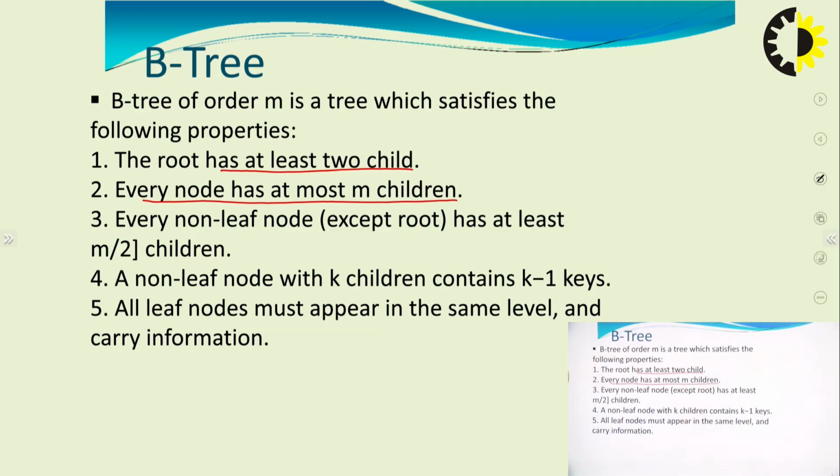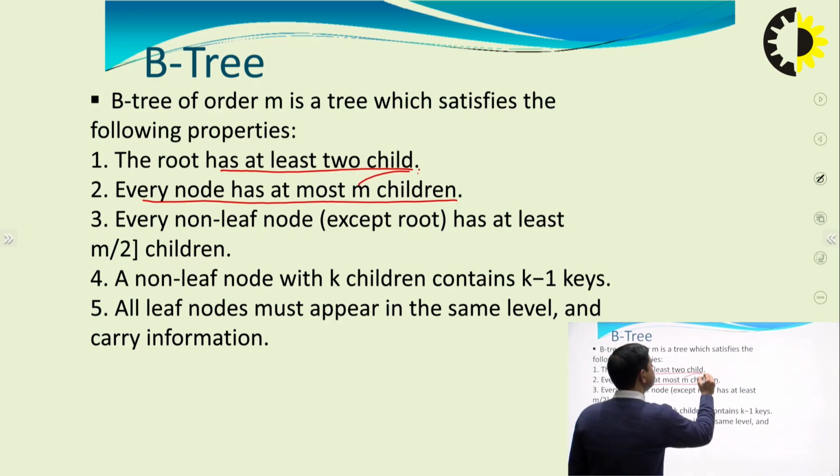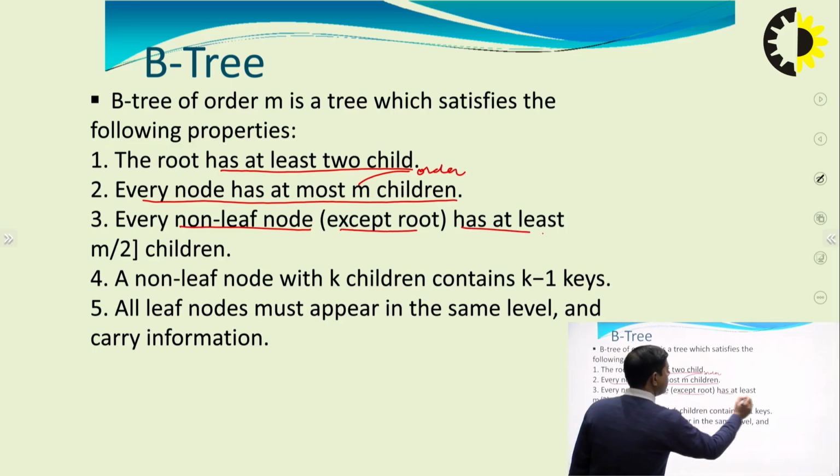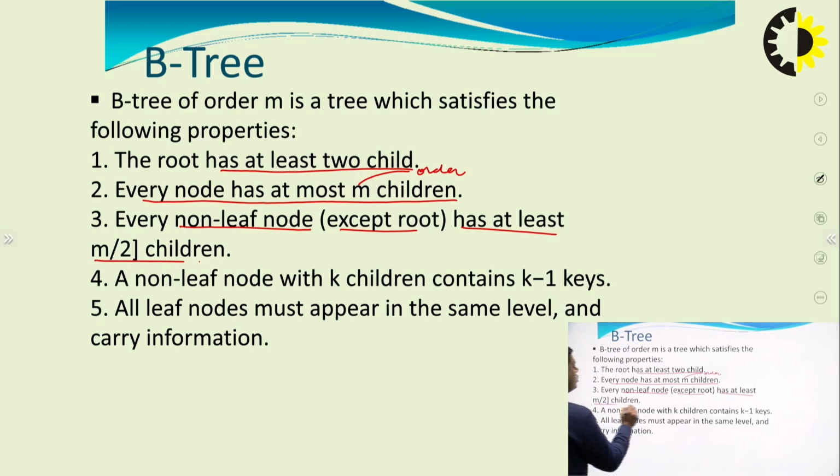The maximum number of children for a particular node can be M, where M is the order of the given tree. The third property, every non-leaf node, that is not a terminal node, except root, has at least M by 2 children.